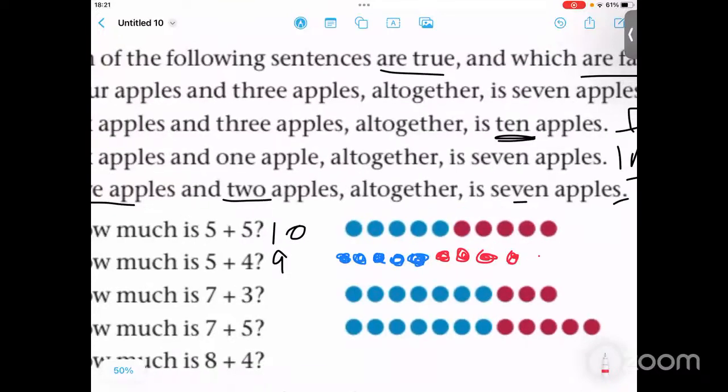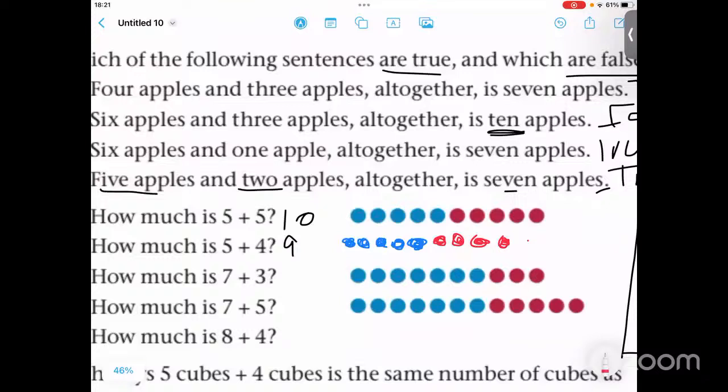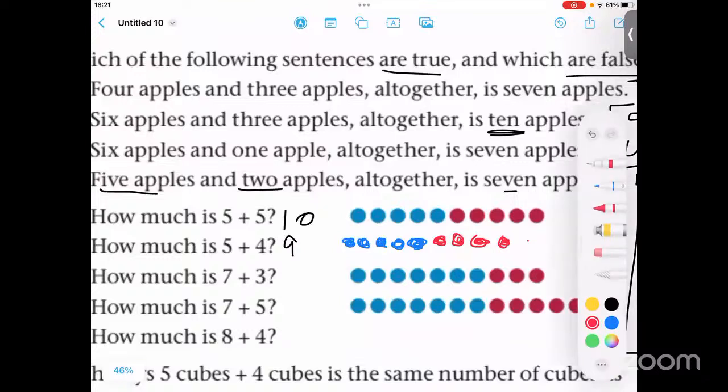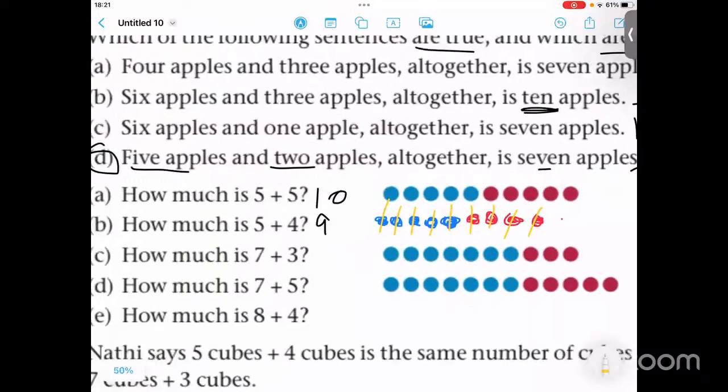So when we are counting, let's use yellow. 1, 2, 3, 4, 5 plus 4 is going to be 6, 7, 8, 9. So it's 9. You see, Minentle was correct.